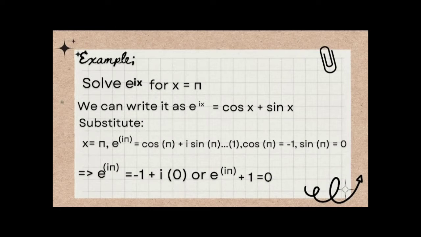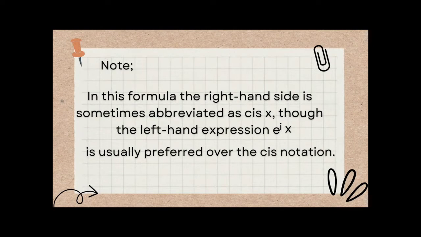So e to the i pi equals negative 1 plus 0, or e to the i pi plus 1 is equal to 0. Note that in this formula, the right-hand side is sometimes abbreviated as cis x, although the left-hand expression e to the ix is usually preferred over the cis notation.